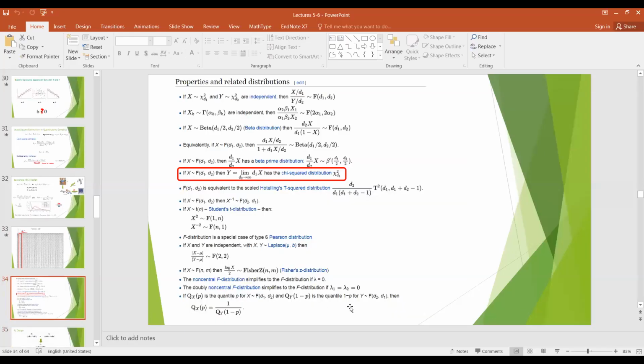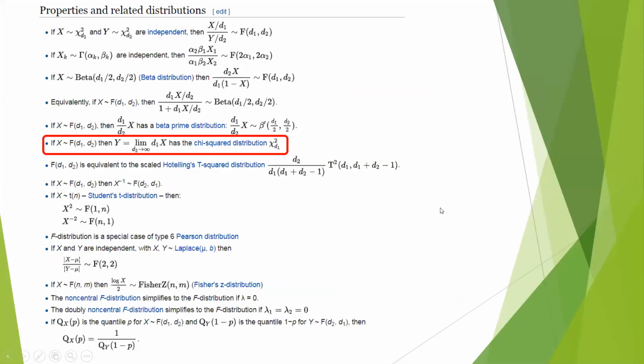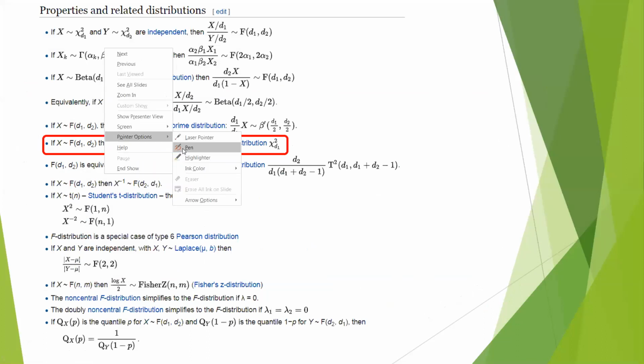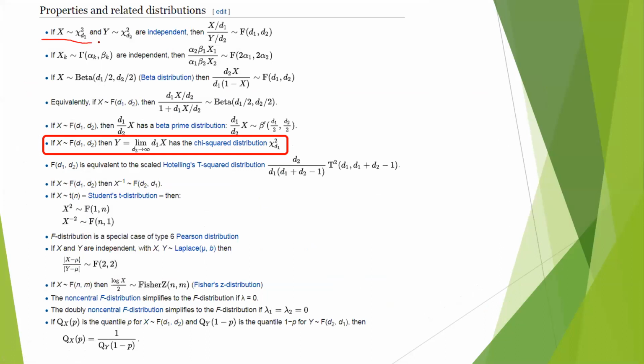Okay. As I just mentioned, I don't want to spend too much time on this because not everyone of you is interested in this, but if you are interested, you can spend some extra time to check the relationship between different distributions, for example, how we can relate the chi-square distribution with the F distribution.